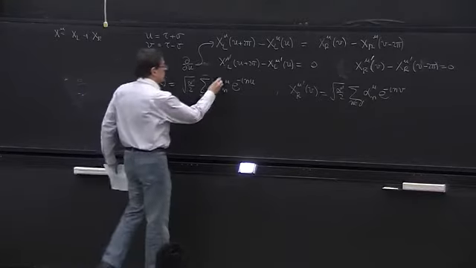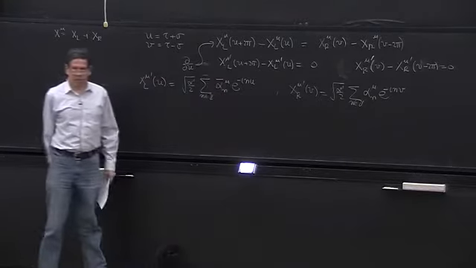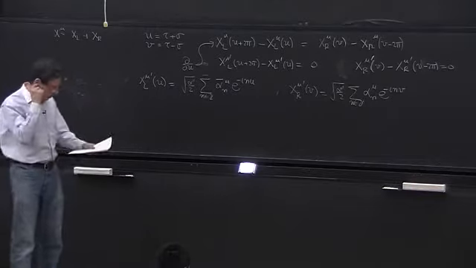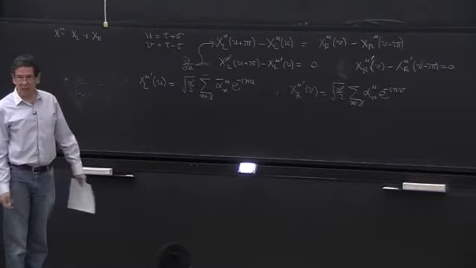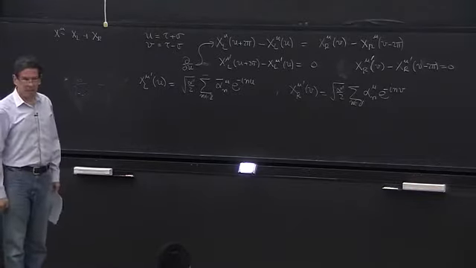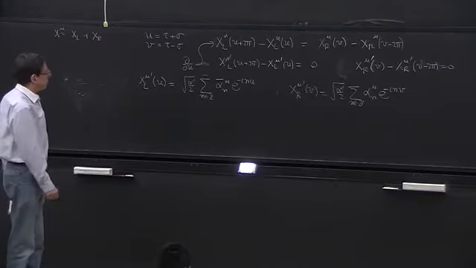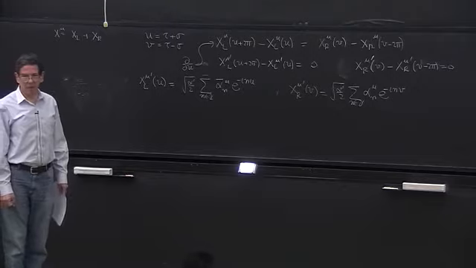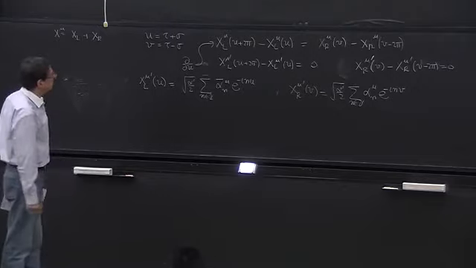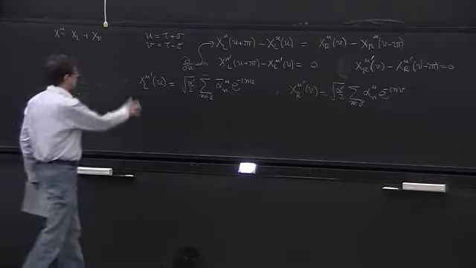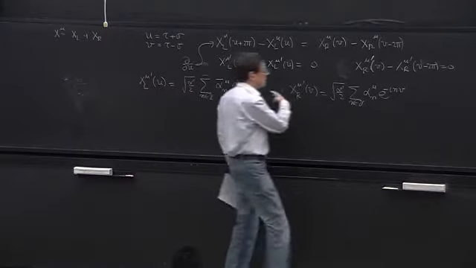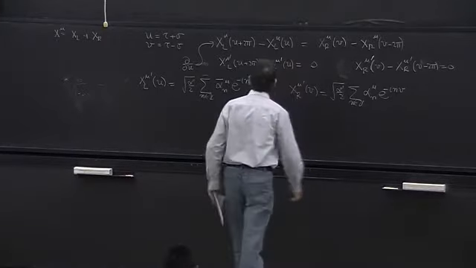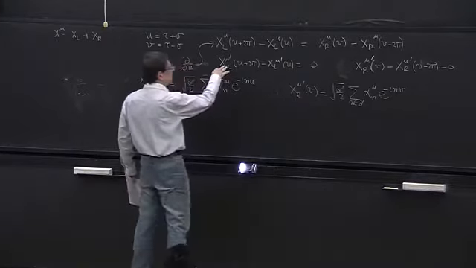These are a new set of oscillators. We'll put a bar on the left ones. It's conventional. Some people put a tilde. I put a bar. Probably the tilde is eventually better, but bar is easier to write. So these are a set of independent oscillators. This is a set of independent oscillators. And they have some of the information.